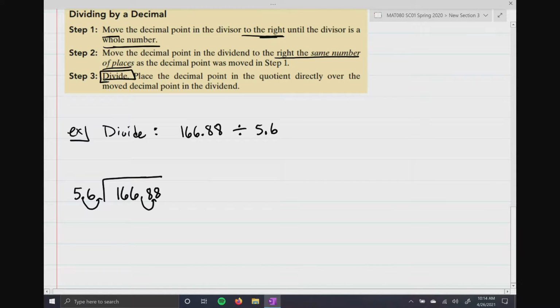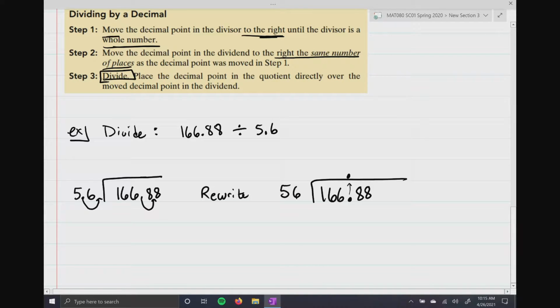One spot. This is where I will rewrite my problem. And whenever I write that decimal, I automatically put it directly above. Now I know my decimal place is done in terms of moving it. All I got to worry about now is just dividing, which is unfortunately the most difficult part.